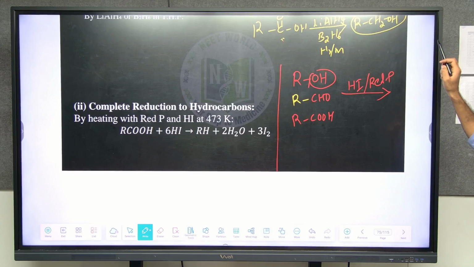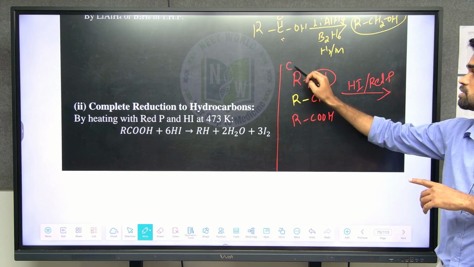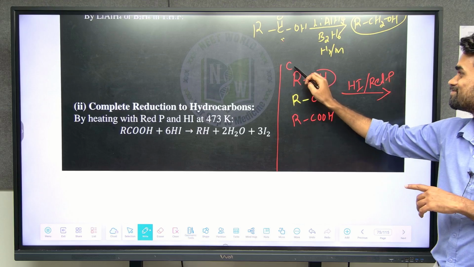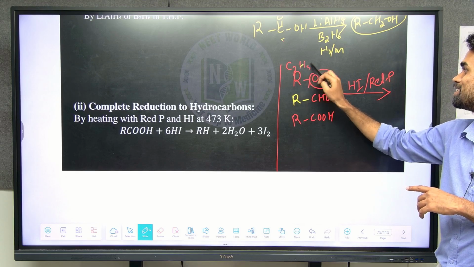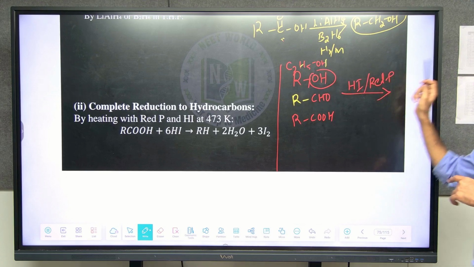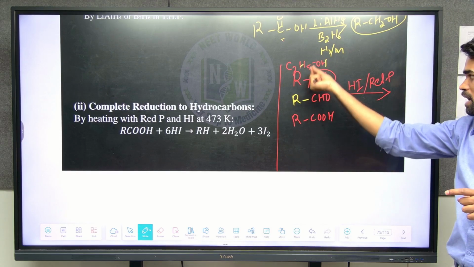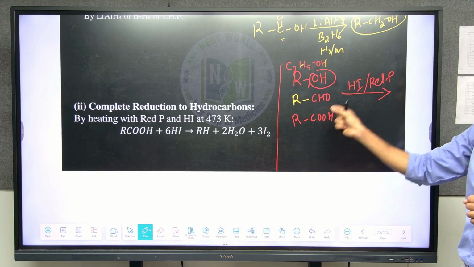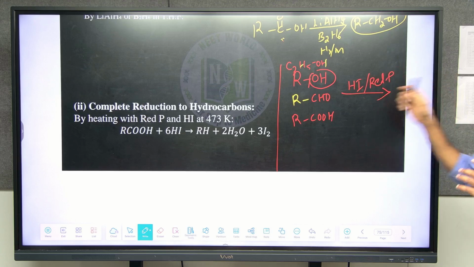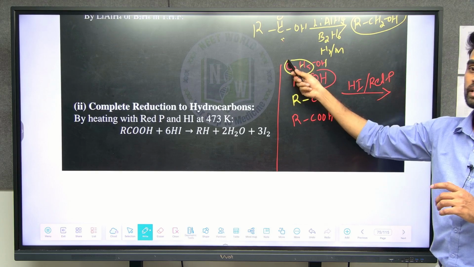Make that much alkane. For example, ethanol, C2H5OH. What is the answer? Respective alkane. If it is ethanol, you get ethane.